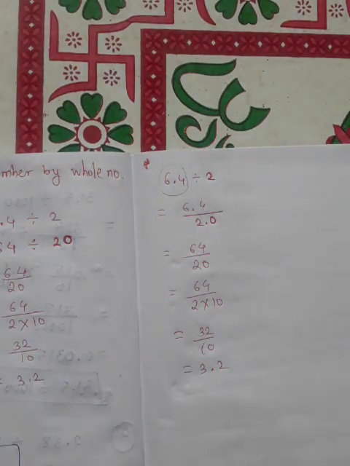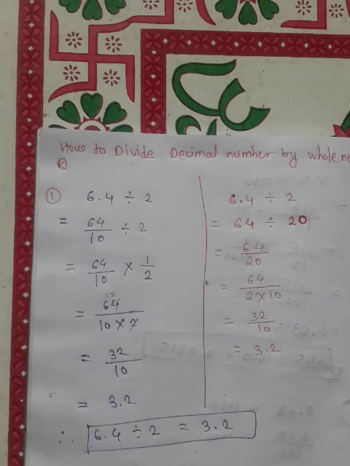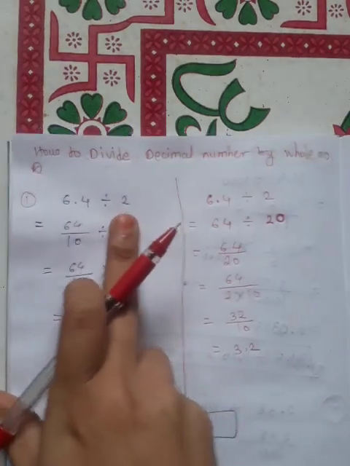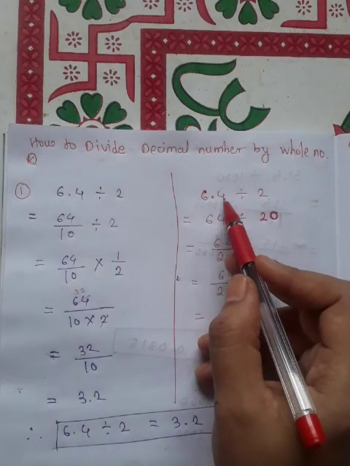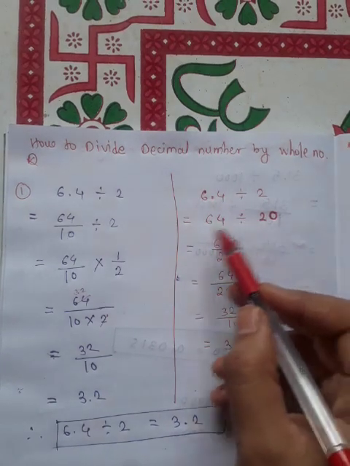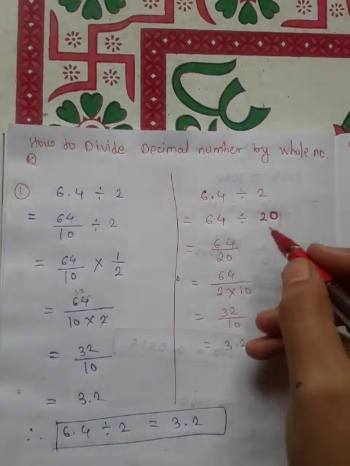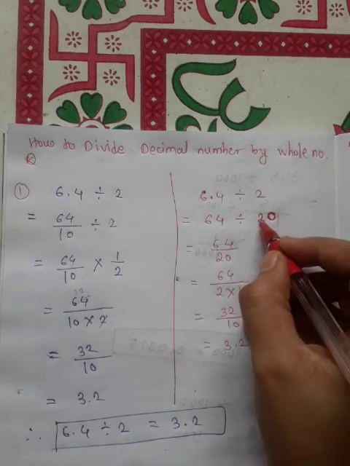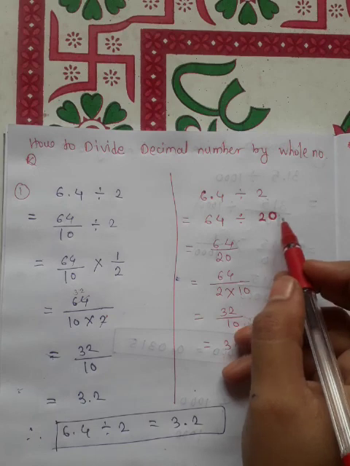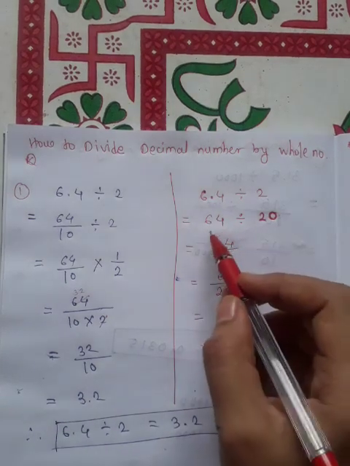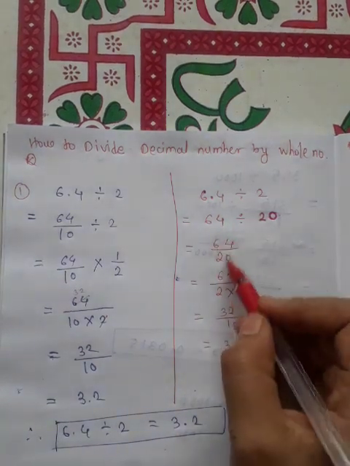I will explain in further discussion. Now just remember how to divide a decimal number by a whole number: count the digits after the decimal point, put zeros in the divisor, remove that decimal point and just divide it.